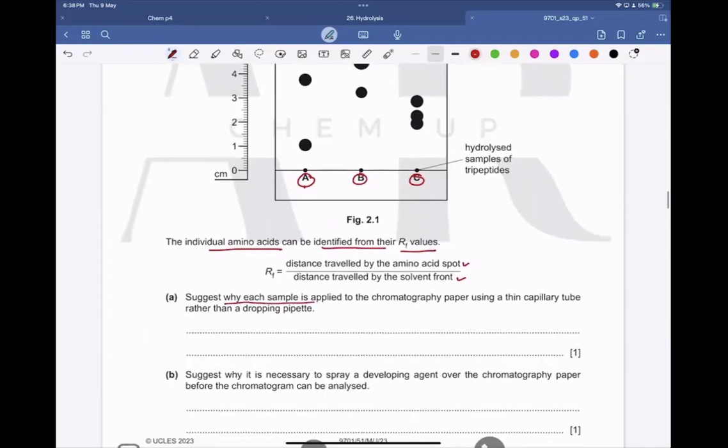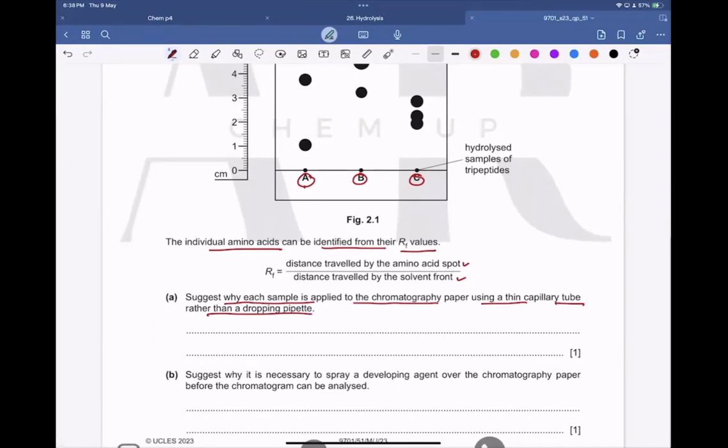Suggest why each sample is applied to the chromatography paper using a thin layer capillary tube rather than a dropping pipette. Basically the thin capillary tube has a very small diameter, so you can add a very minute amount of sample on the paper.